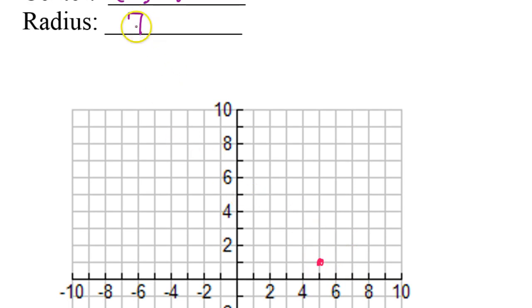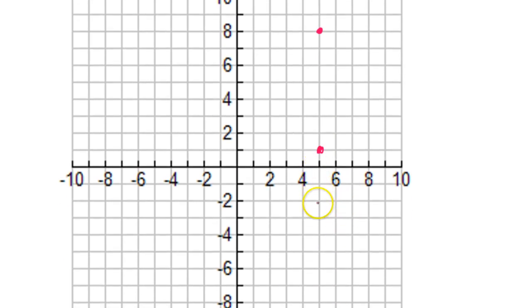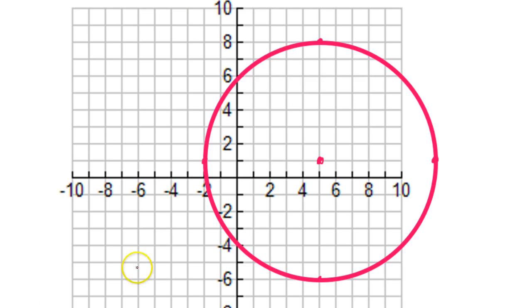Now with radius 7, I need to go up 7, down 7, left 7, and right 7, even though it's off the graph. Alright, these 4 points show me where the circle goes. Kabam! There you go.